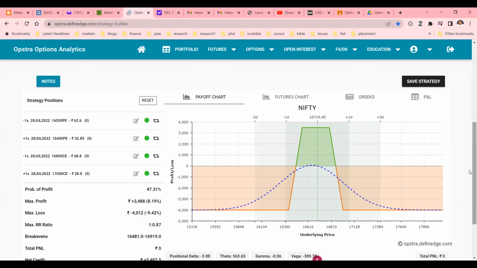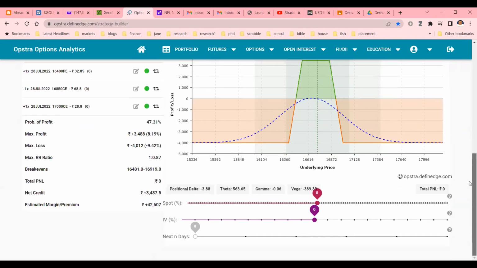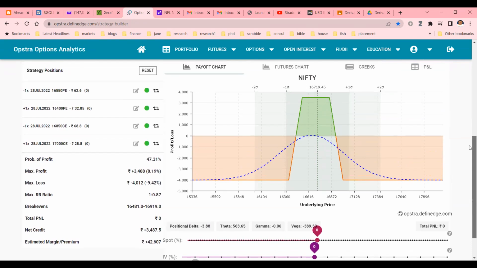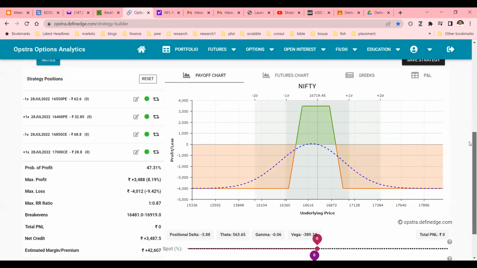Selling the iron condor. Is this buy or sell? We sold, right? Students, are you hearing me? Yes, sir. Okay, so what do you think? What do you think next week? You think the market will stay between 16,400 and 17,000?